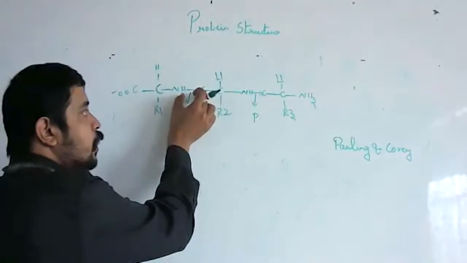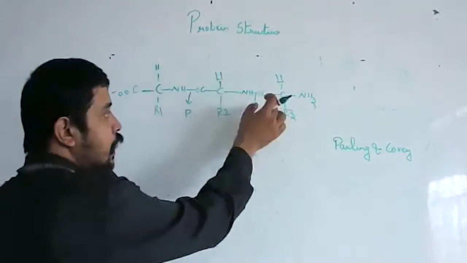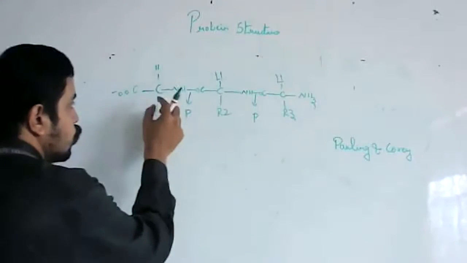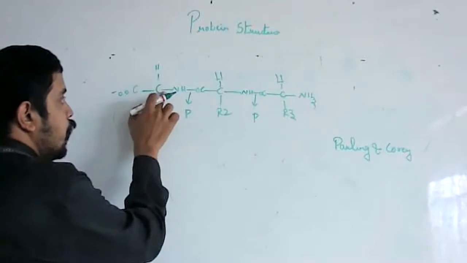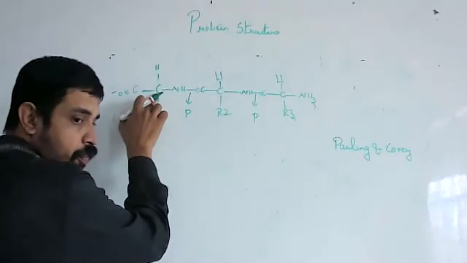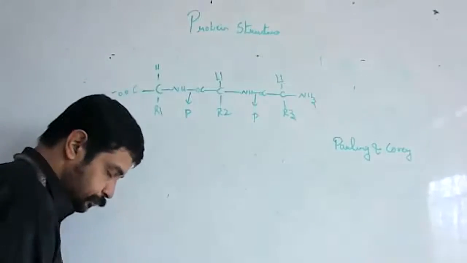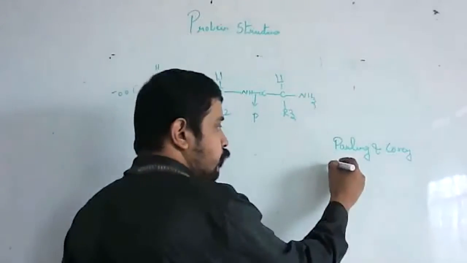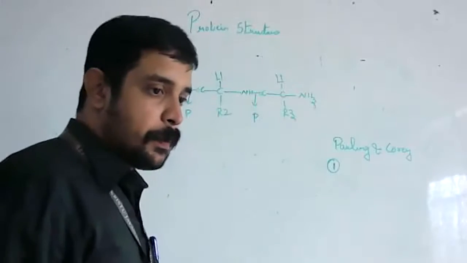The peptide bond which is present here and here is short in length when compared to this bond, that is the alpha carbon atom and the amine. So this is the first important discovery which we discussed in the previous class.